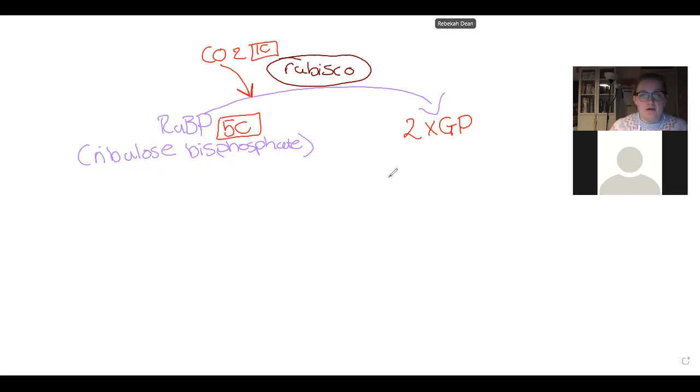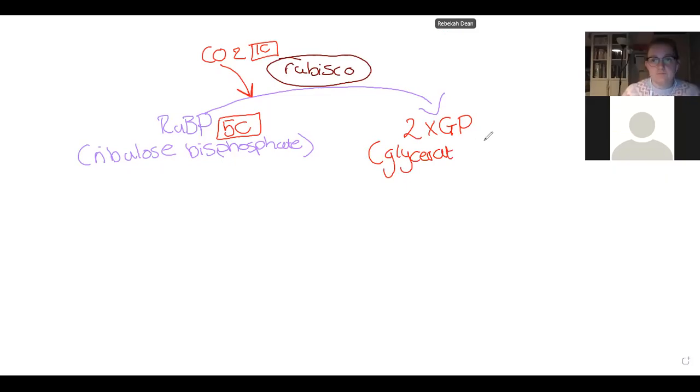I'll put that here, glycerate 3-phosphate. Each one of these molecules is a 3-carbon molecule.